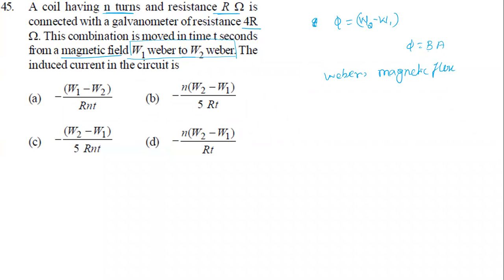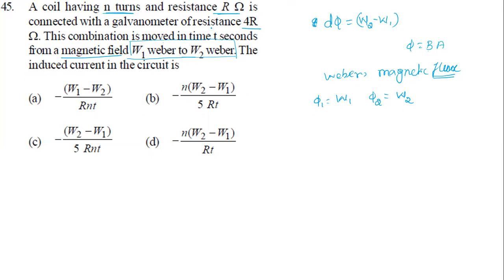So they have already given the initial magnetic flux phi1 as W1 and the second magnetic flux phi2 as W2. Weber is a unit of flux, so they have already given the flux change. Then the change in flux d phi becomes W2 minus W1.